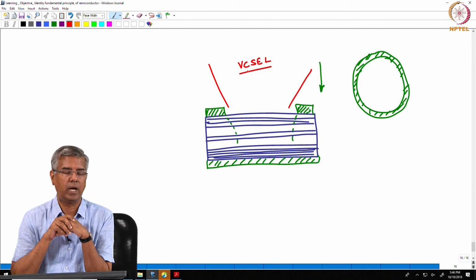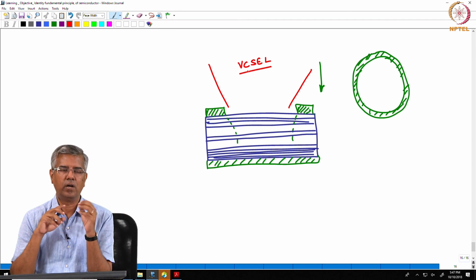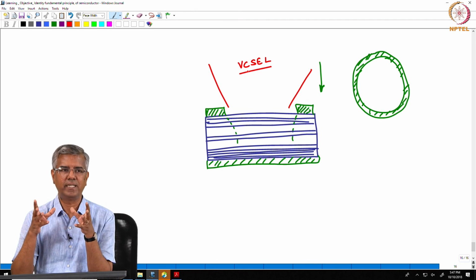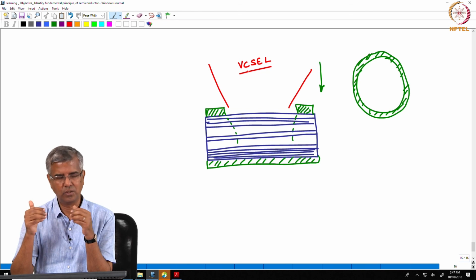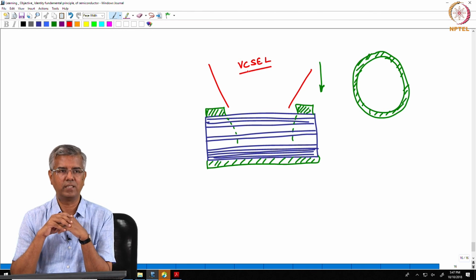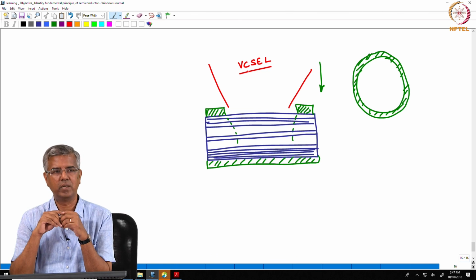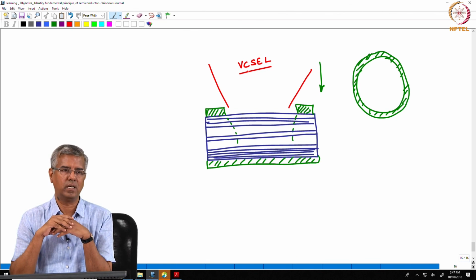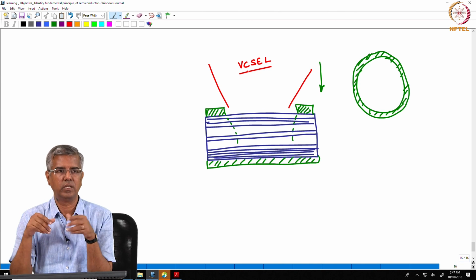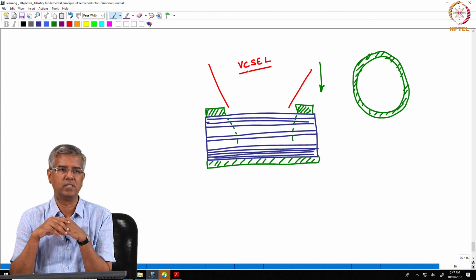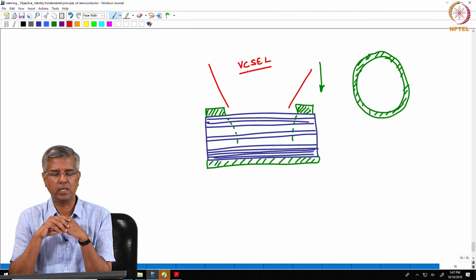You have to have a material that is not a very good conductor, yet you have to have different refractive index and all that. So, you compromise that a little bit, but in general it shouldn't give a very high resistance to the current that is going through.